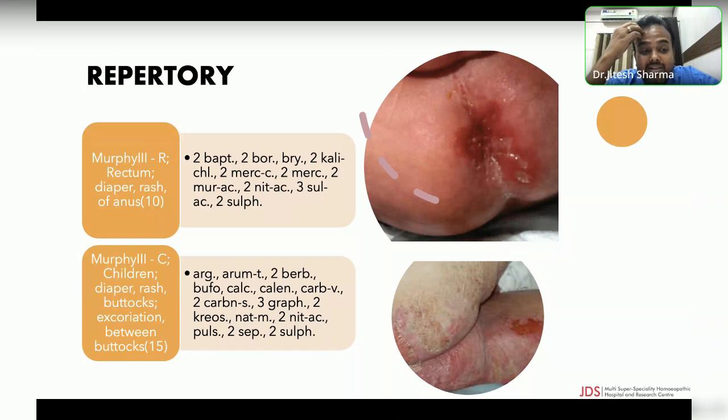Now, diaper rash where there is excoriation between the buttocks has 15 medicines: Carbo sulph, Graphites, Nitric acid, Sepia, Natrum mur, Berberis, Calendula, Aurum triphyllum, Sulphur. So these drugs are all helpful according to the constitution and the totality of symptoms. So this is just a guiding tool.